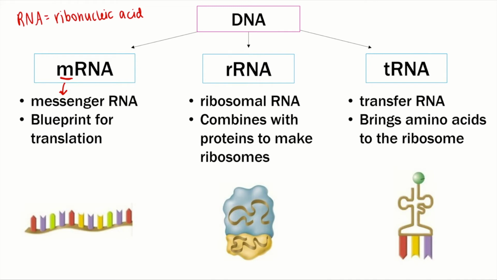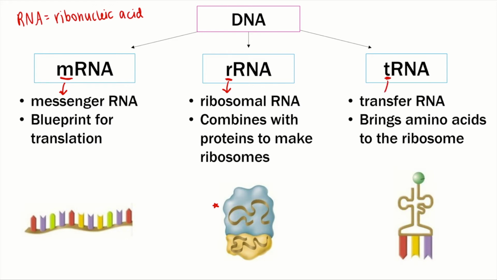Another type of RNA that we can make is rRNA. So this R stands for ribosomal RNA. And this type will combine with proteins to make ribosomes, which we can see right here. So this ribosome here is rRNA and proteins mixed together. Lastly, we can make what we call transfer RNA.